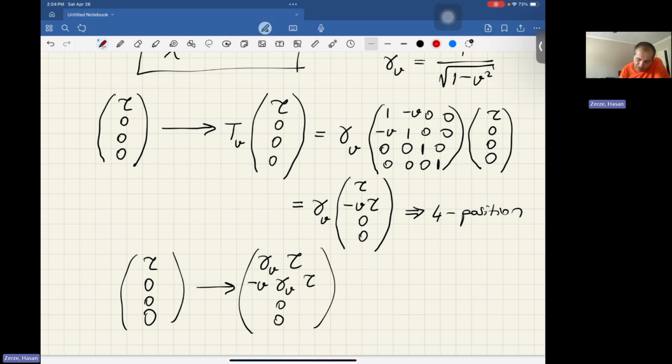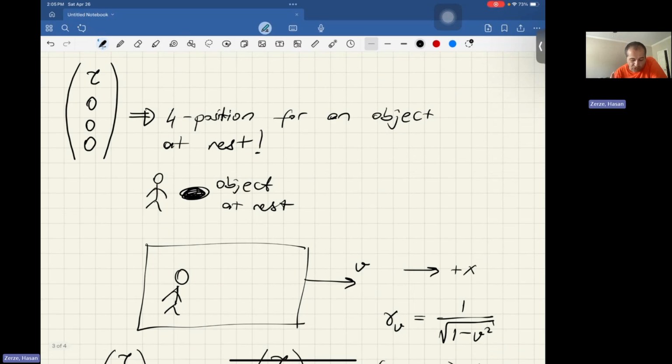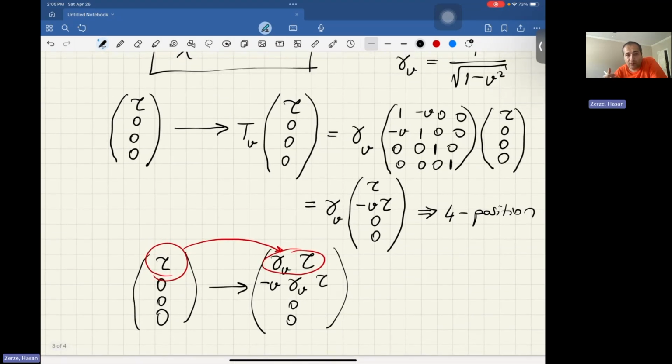What's happening here is that tau is transforming into gamma v tau. This means the time that's measured in the object rest frame as tau now becomes tau times gamma v.